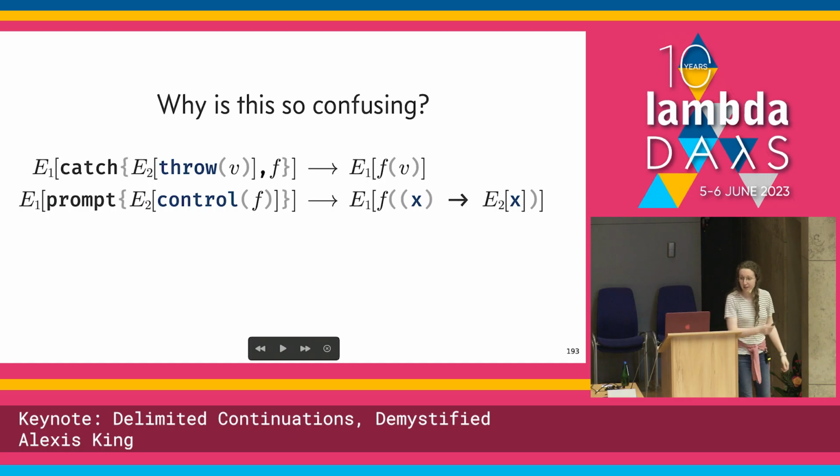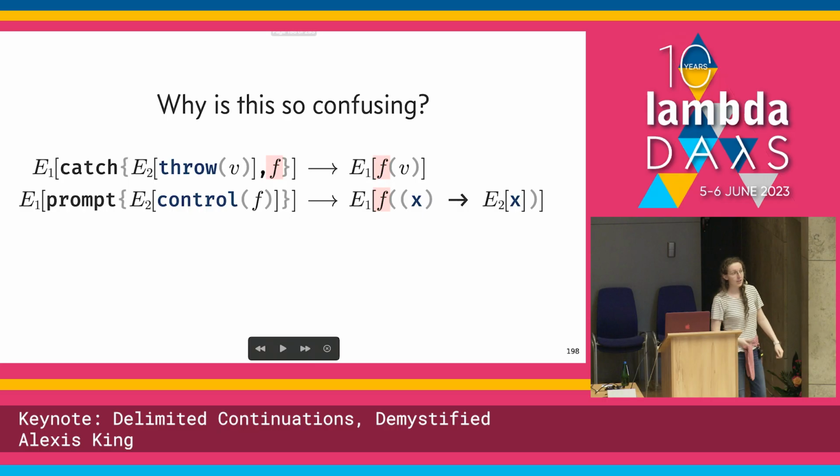If you look at these, you'll see that mostly they are the same. Catch and prompt, they're the delimiter. Throw and control, that's the thing that causes part of the continuation to be discarded, essentially. And then on the right, we continue by applying a function. But there's a crucial difference between these two reduction rules.